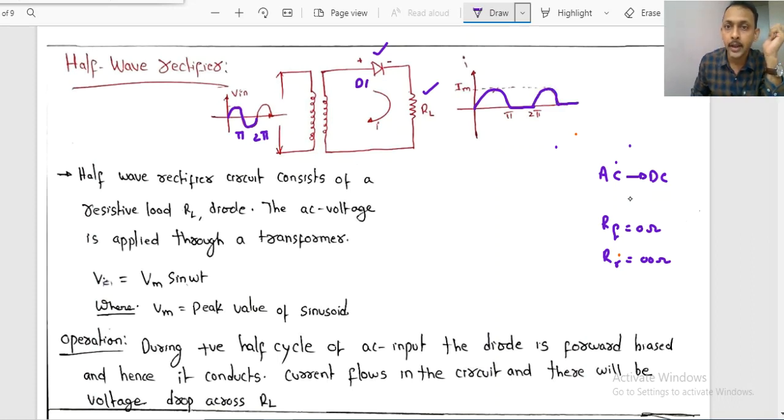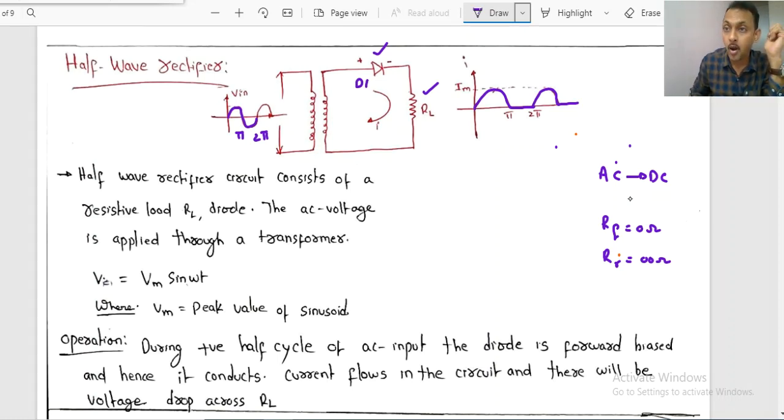Like this, we can observe that in a half wave rectifier, only during the positive half cycle will the diode be under forward biased mode, conducting and letting current flow through the load. During the negative half cycle, it will be under reverse biased mode. No current flows through the diode and no current flows through the load resistor RL, and the current is 0 from pi to 2 pi.